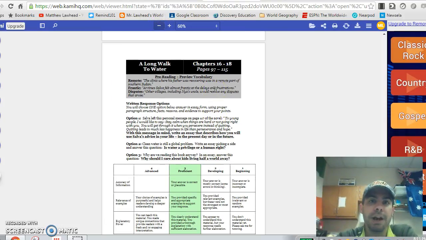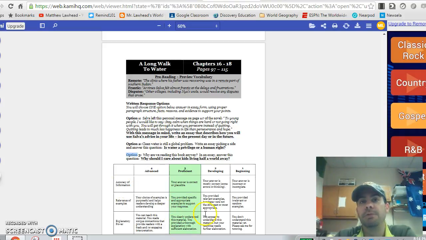It has 3 options for essays that you can work on, and I would strongly suggest that you start to think about which option you're going to do. Option 1 deals with Salva's personal message. Option 2 here deals with clean water. Option 3 deals with why do you care about these kids that are half of the world away. So you get to pick whichever one you want.